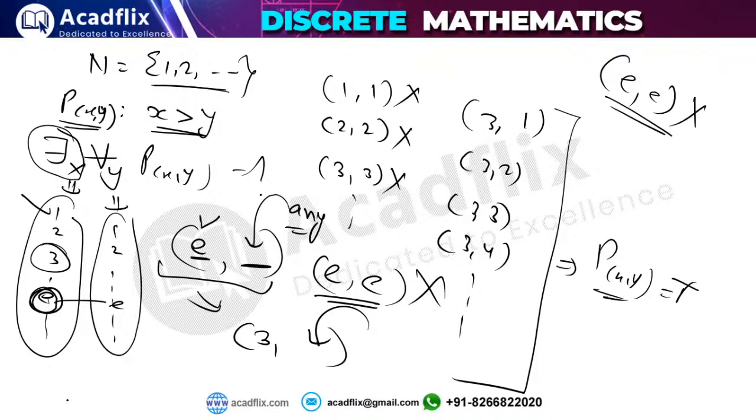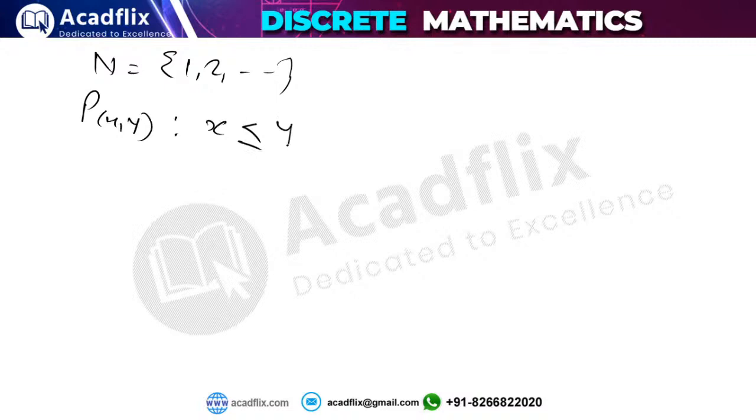Okay, so we can take one more example. This is confusing, I am telling you this is confusing. So let's take one more example. Let's assume our domain is the same, set of natural numbers, and P(x, y) is x is less than or equal to y. Now tell me, there exists x for all y, P(x, y).